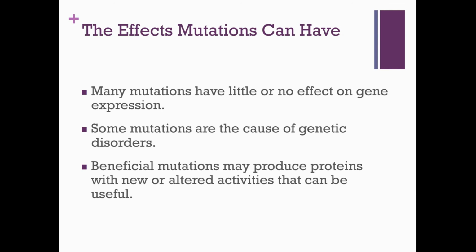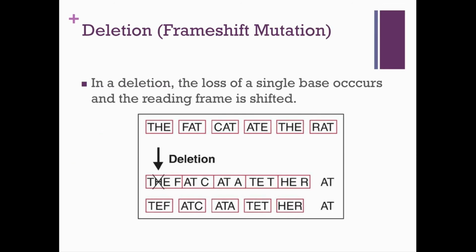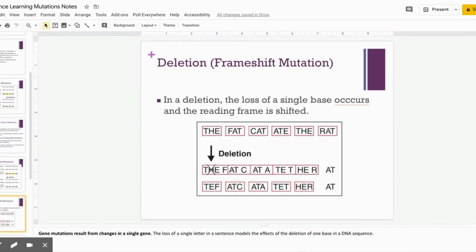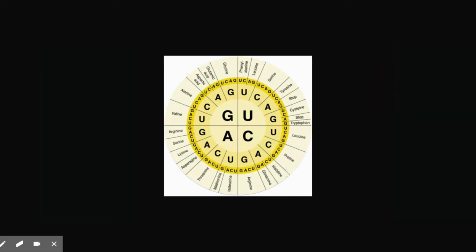So, for example, if we go back to that, actually, I'm going to go over to the codon wheel here, and I want to show you on this one why it is sometimes possible where a mutation occurs and the protein does not change at all.